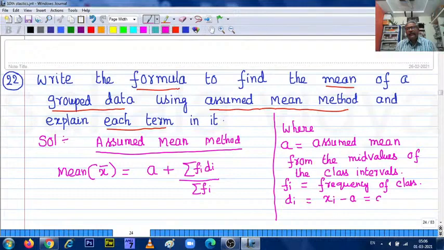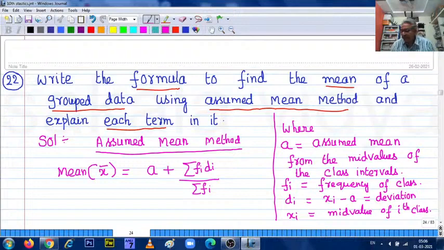This is called deviation, xi minus a. Next, what is xi? Xi is the mid value of the ith class.